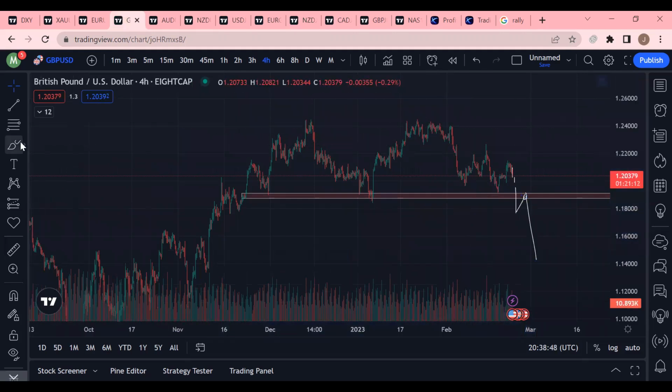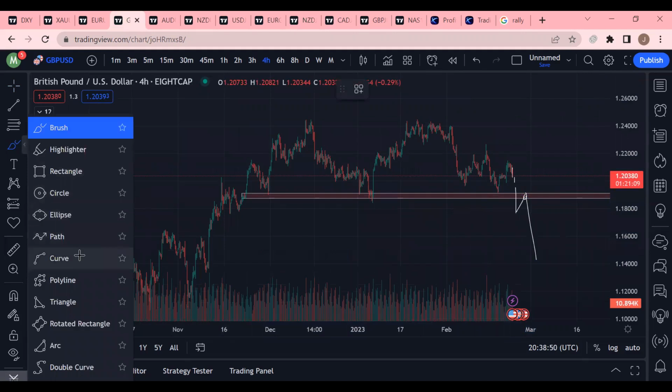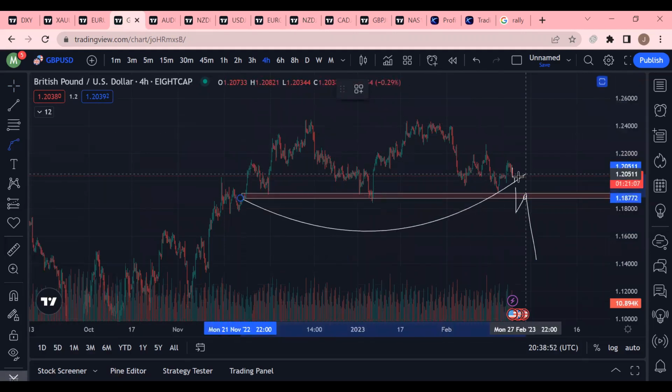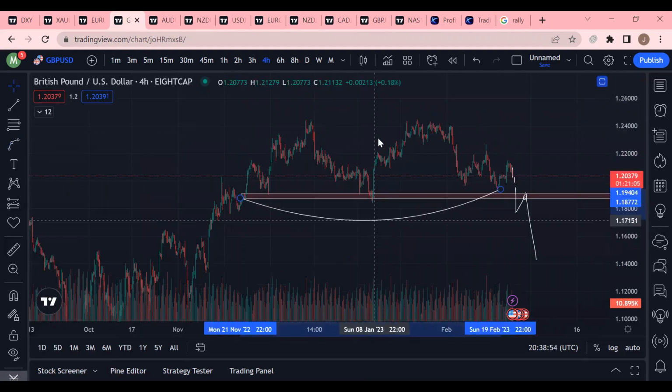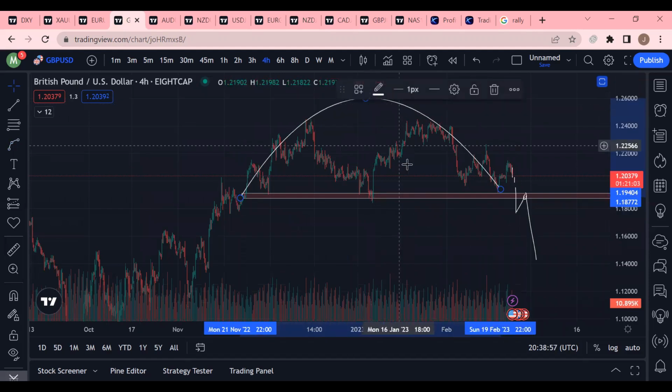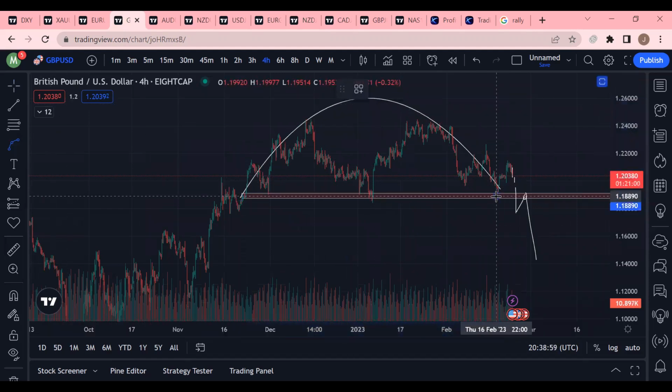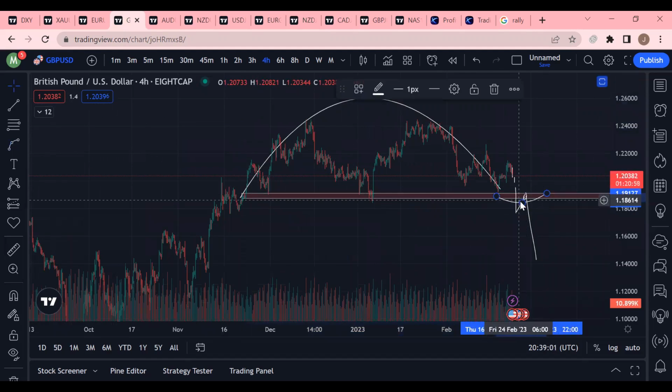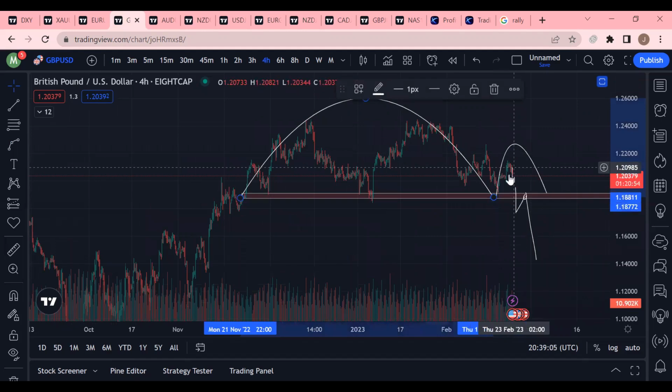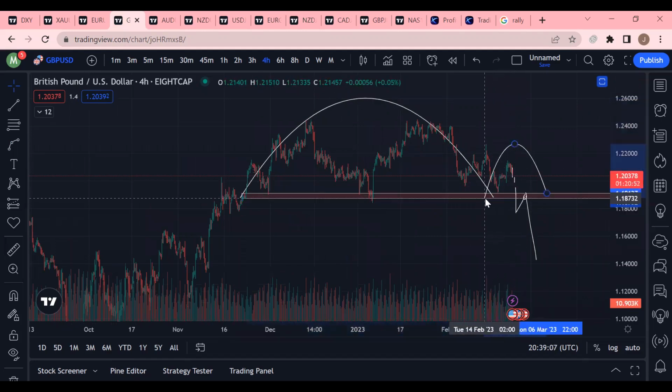So if I use my Forex code, let's look at it. You call this the cup and handle pattern. Yes, so if I can draw this very well.